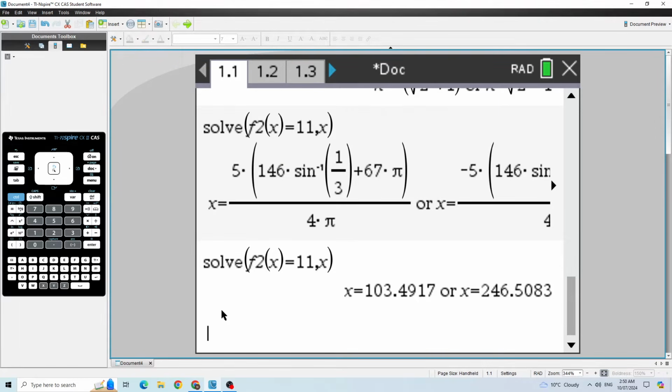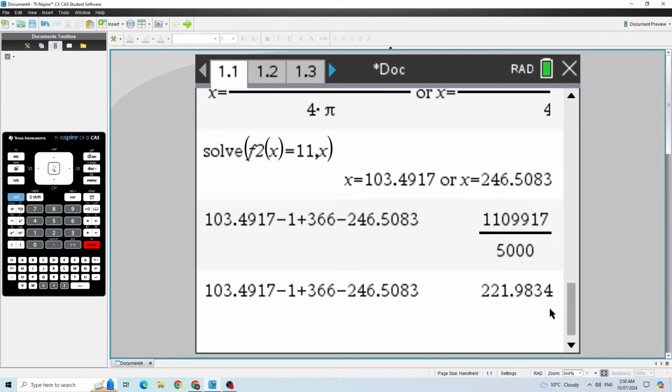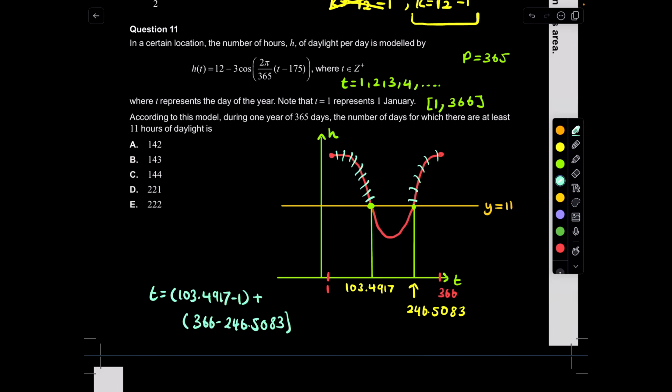Let's do it in our CAS. Minus 1 plus 366 minus this over here. That gives me overall 221.9834 days. So these are the days.